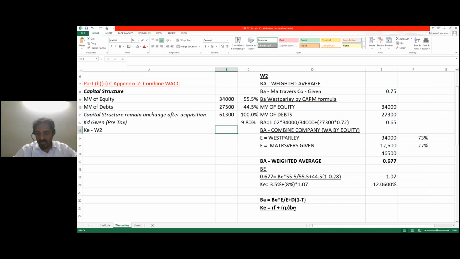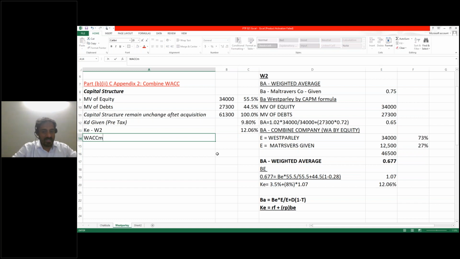Moreover, Ke works out to 12.06%. Now we are working with the WACC. Quickly calculate the WACC.